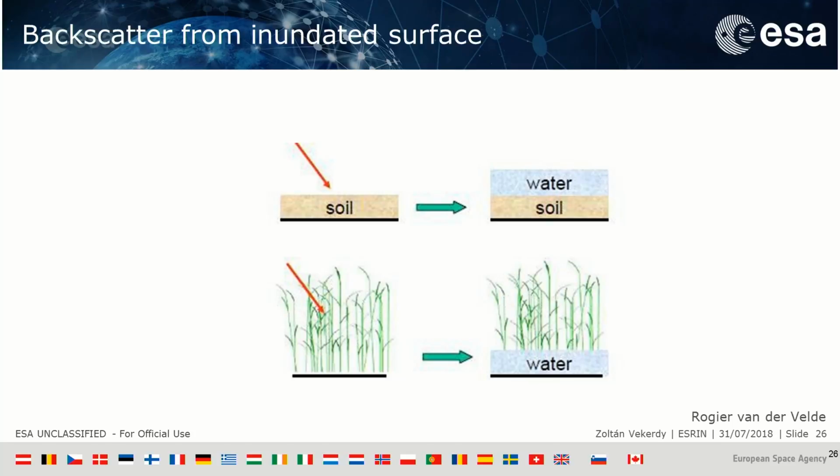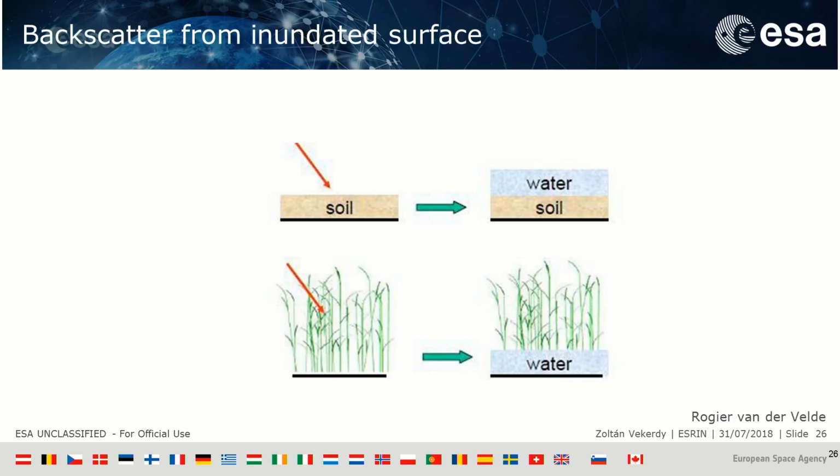We were talking about water bodies. We would like to know where there is water, where there is not. One thing is soil moisture. The other is that we would like to identify what is covered with water. If we look at radar, we already said that when you have a smooth surface, you will have specular reflection.